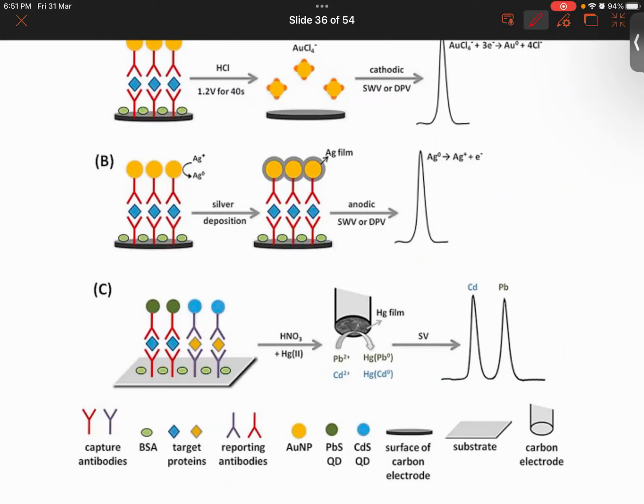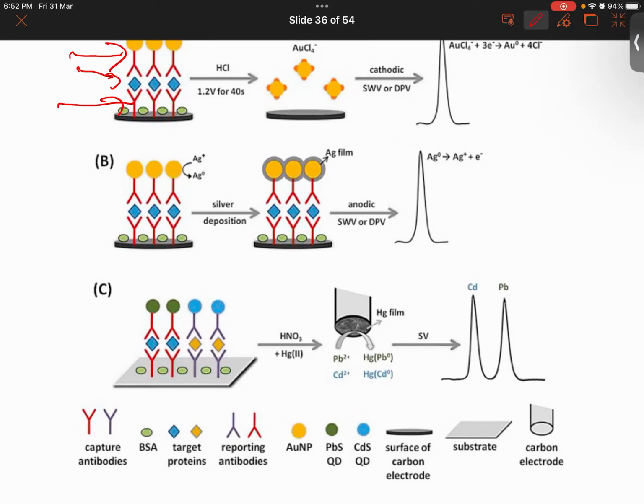The red one is the capture antibody, and the blue one is the antigen, the virus, the bacteria, the fungus, whatever that you are working on. And then you have the label antibody that gives out the signal, indicating that there is an interaction between the capture antibody and the antigen.